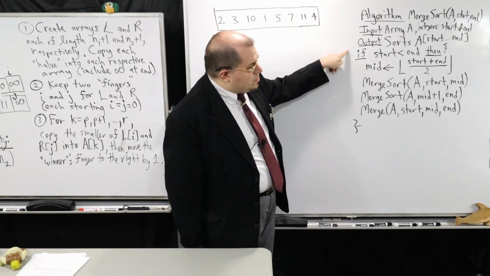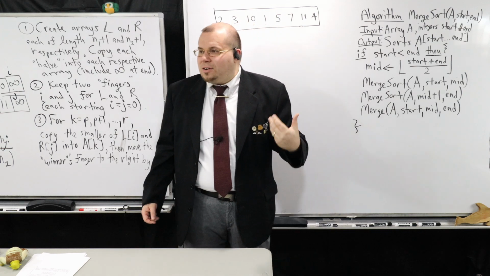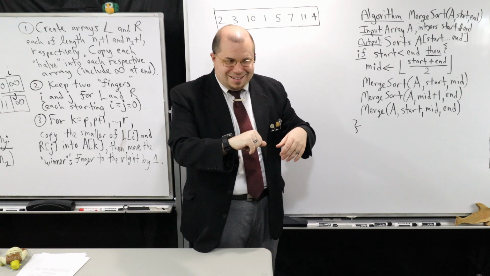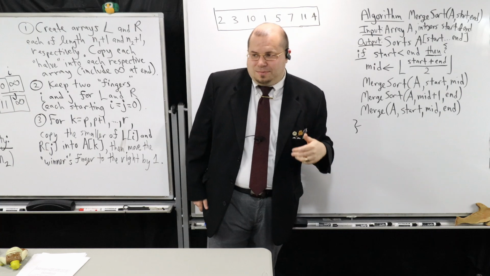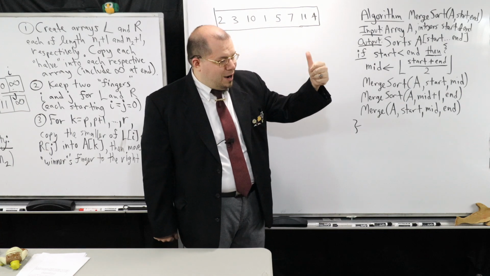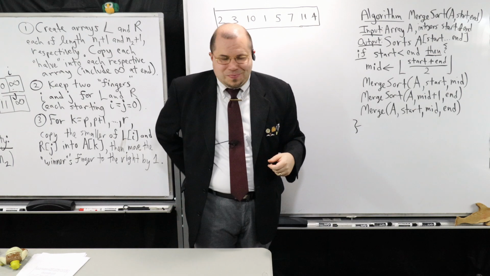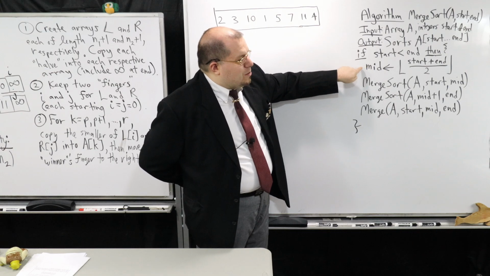And it has a similar setup for the recursive case. Remember, when I check if start is less than end, this guarantees that there have to be two elements, right? That means that I've implicitly excluded the base case, because when the base case occurs, you have one element or no elements, right? And by definition, those are sorted. So now what you do is you find a middle position.